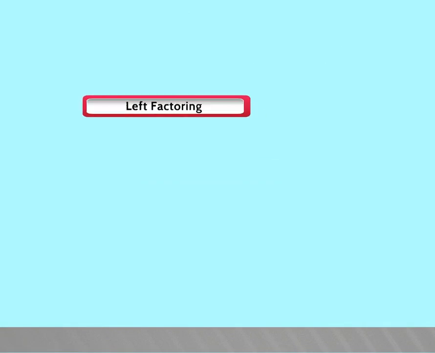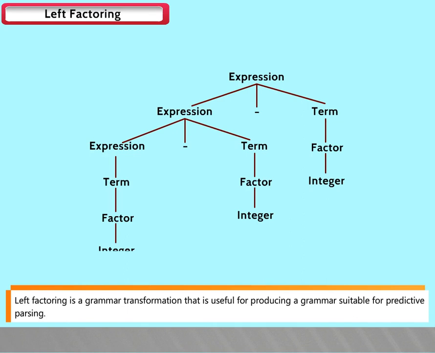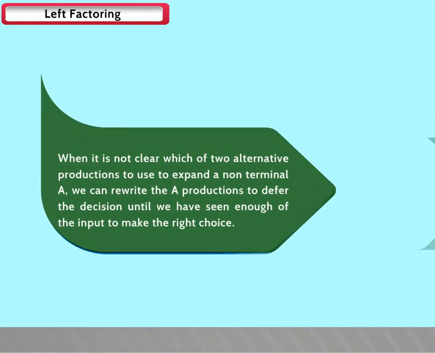Left factoring. Left factoring is a grammar transformation that is useful for producing a grammar suitable for predictive parsing. When it is not clear which of two alternative productions to use to expand a non-terminal A, we can rewrite the A productions to defer the decision until we have seen enough of the input to make the right choice.